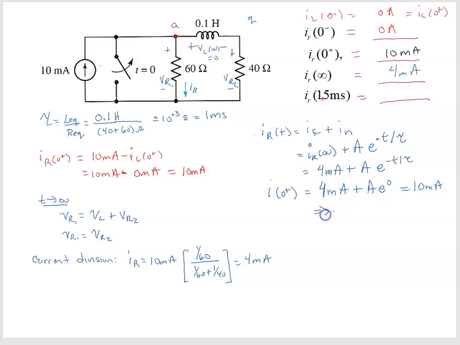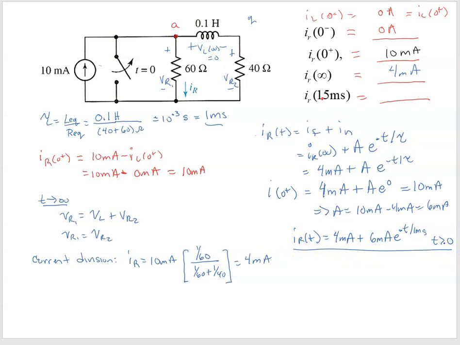So our A is equal to 10 milliamp minus 4 milliamp, or 6 milliamp, and we get that our IR of t is equal to 4 milliamp plus 6 milliamp e to the negative t over 1 millisecond. Is it 1 millisecond? 1 millisecond. And that's at t greater than 0, not greater than or equal to 0. So that's our IR of t that we found.